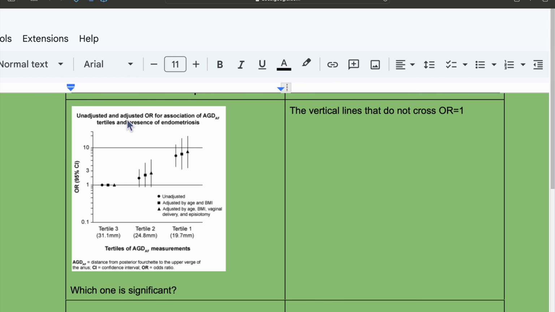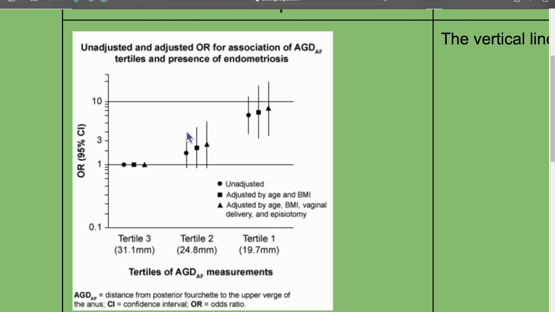Okay, unadjusted and adjusted OR for association of AGD tertiles and presence of endometriosis. How do we read it? We have OR on this side. We know the null hypothesis is at 1. And we have 3 tertiles.